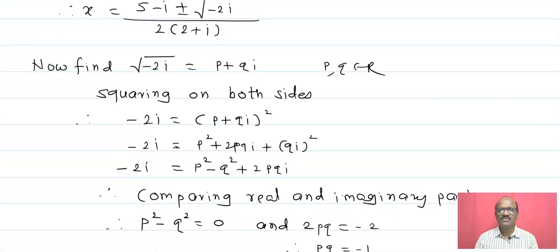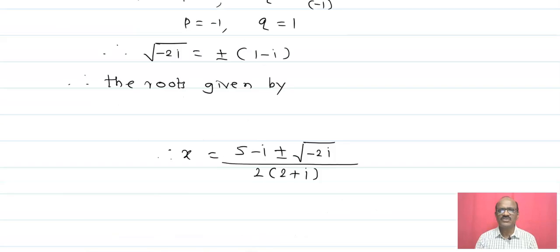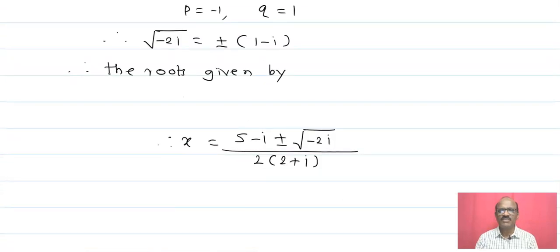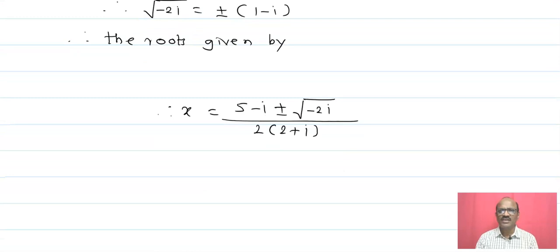The root is given by x is equal to 5 minus i plus or minus the root of minus 2i upon 2 in bracket 2 plus i.